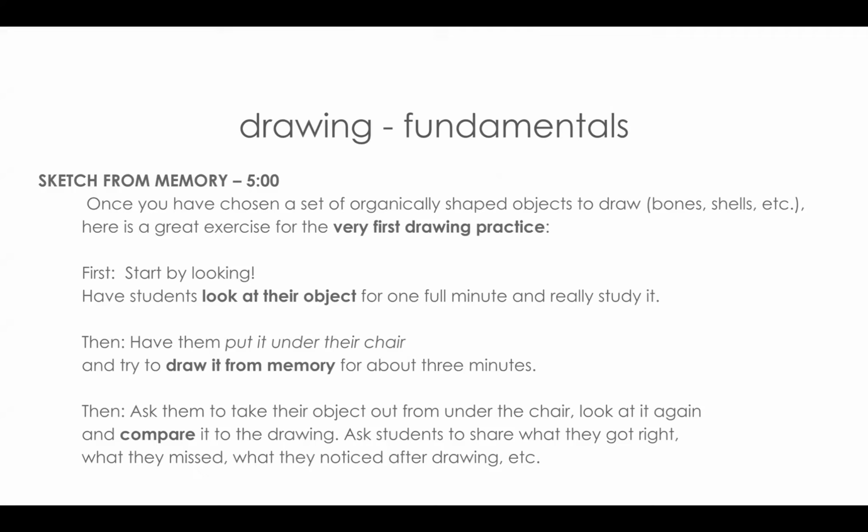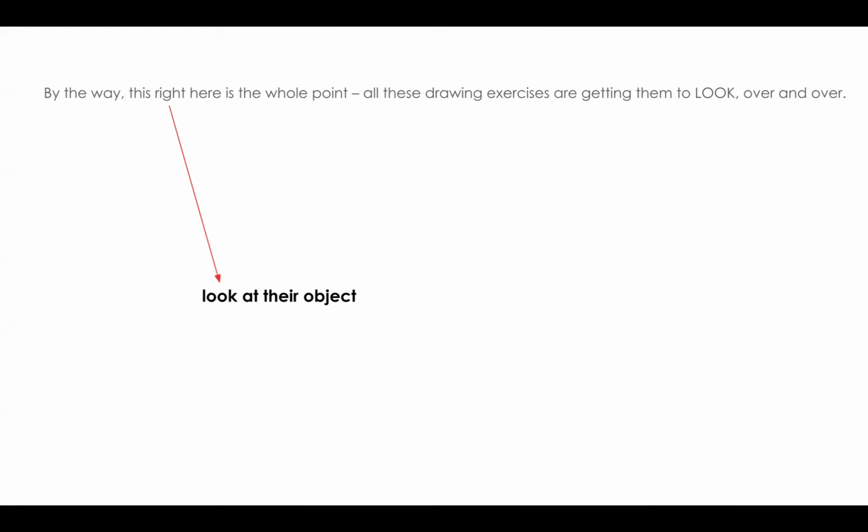So take these 3 things apart and tell students that this is what's happening when you're drawing: looking, drawing, and then editing, then going back and looking, drawing, editing, revising, looking, drawing, editing. Make sure that you spend some time in that looking part. The point of all of this is getting them to look, really.